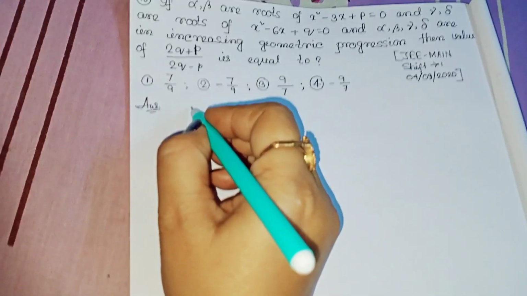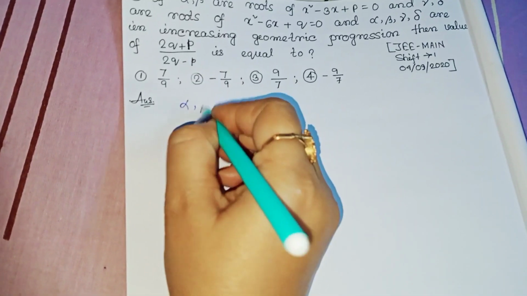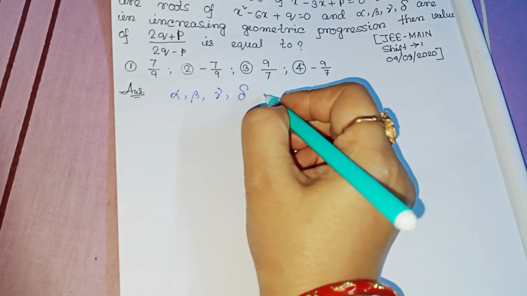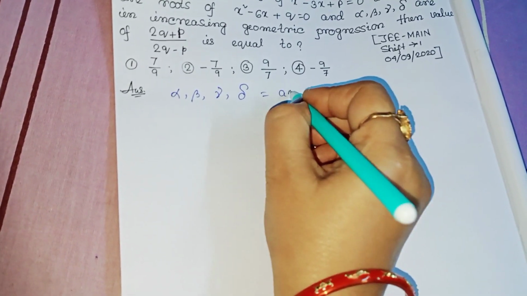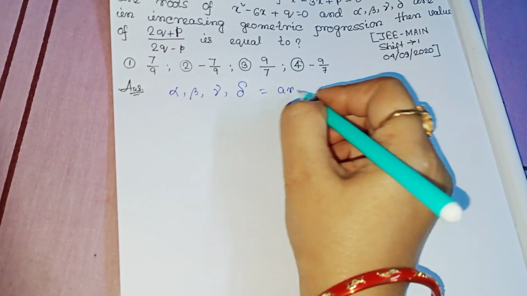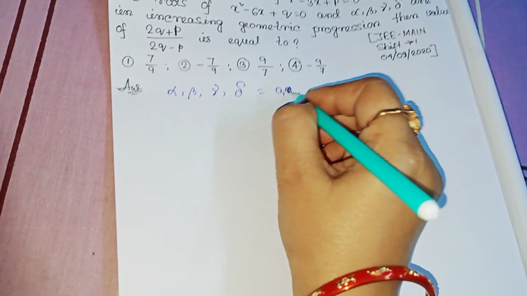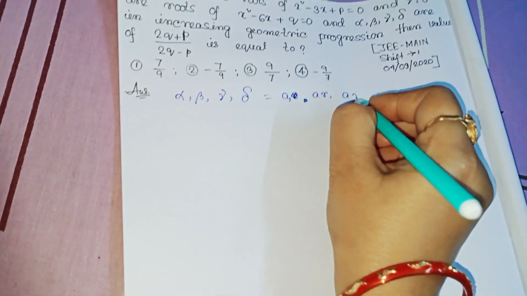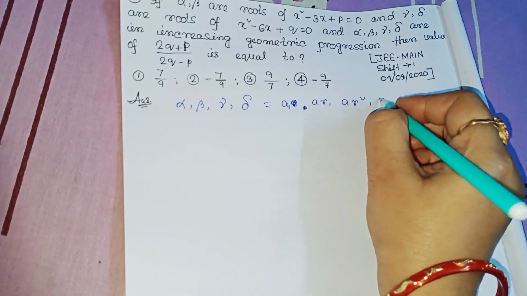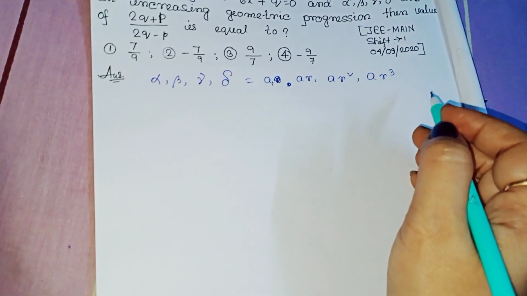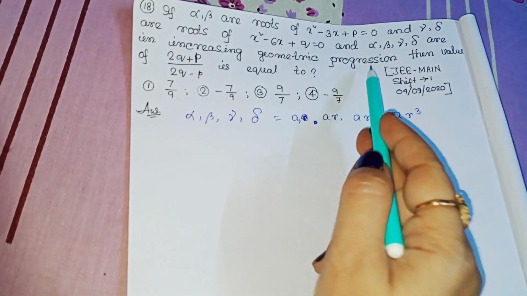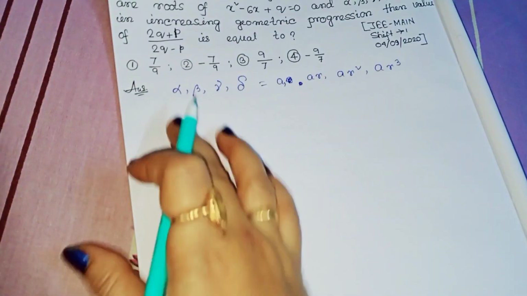So alpha, beta, gamma, delta are a, ar, ar square, ar cube, as they are in increasing geometric progression. So we may write this.